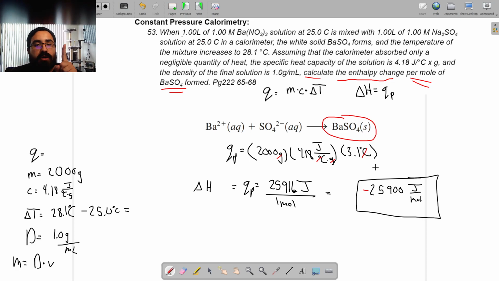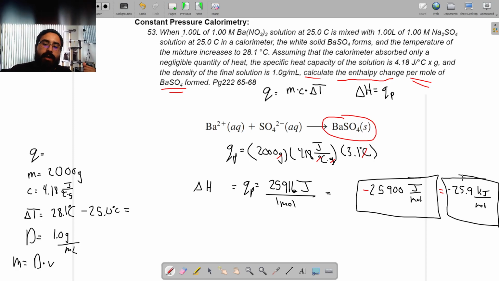Since the temperature goes up, and temperature only goes up when heat is released, this value here tells us that heat was released. If we want to write that in kilojoules, all you have to do is divide that by 1,000. You get 25.9 kilojoules per mole.